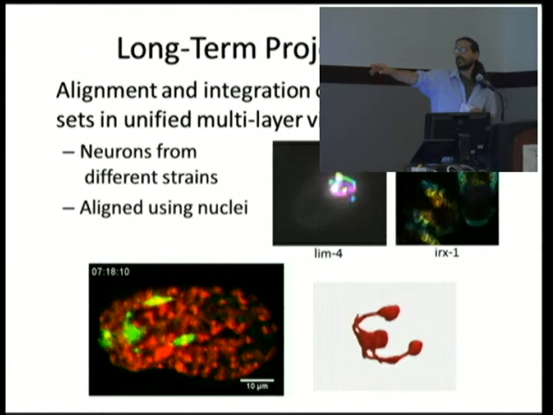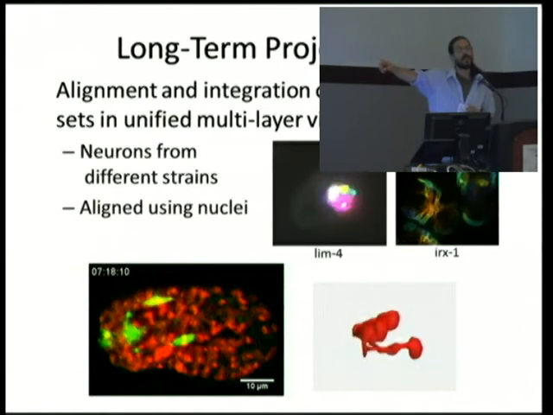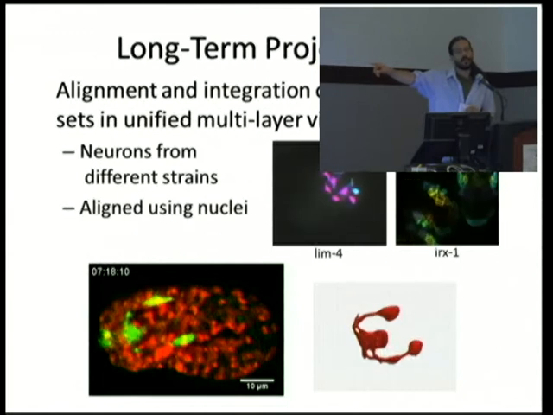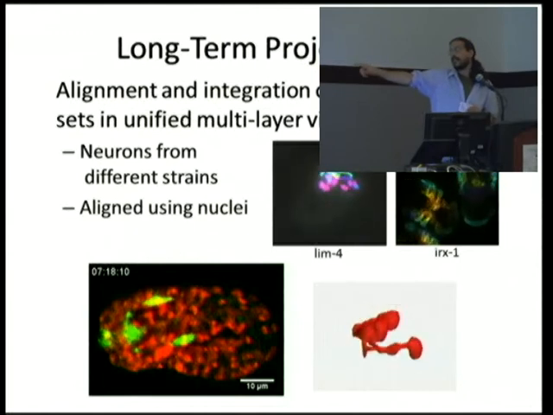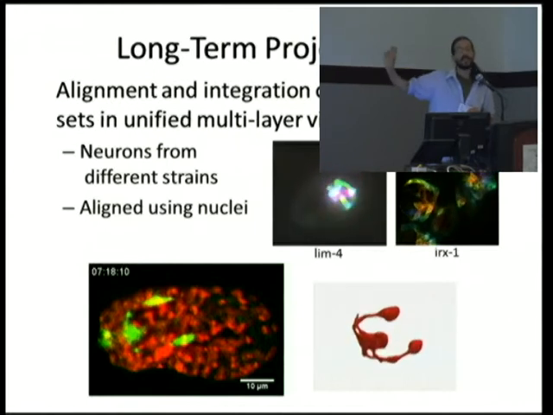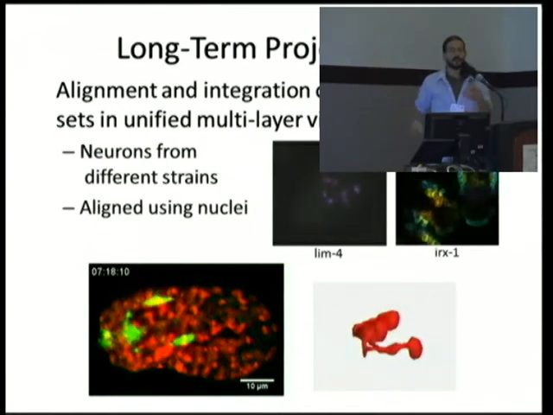On the lower left, you can see an embryo where all the nuclei are labeled in red, and a subset of neurons are labeled in green. On the right, you're looking at a rotation of that same neural structure segmented from a data set like that.